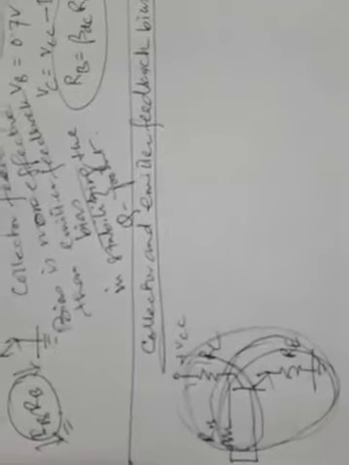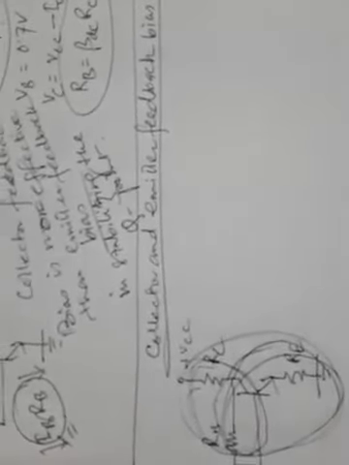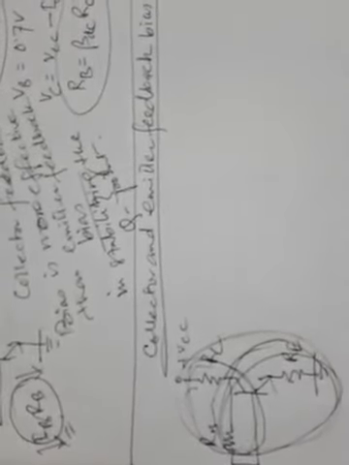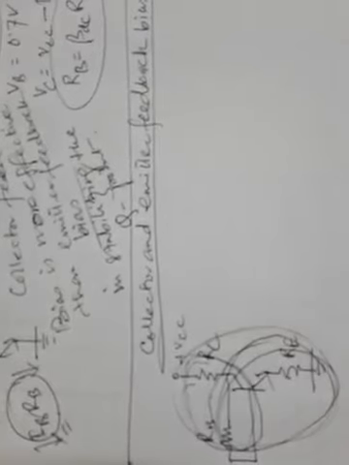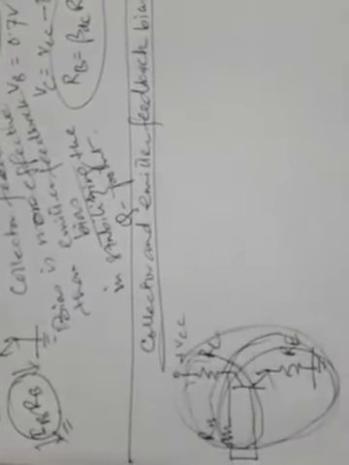This is why the collector and emitter feedback bias circuit was designed, because individually the collector feedback bias and emitter feedback bias were not sufficient to provide enough negative feedback.